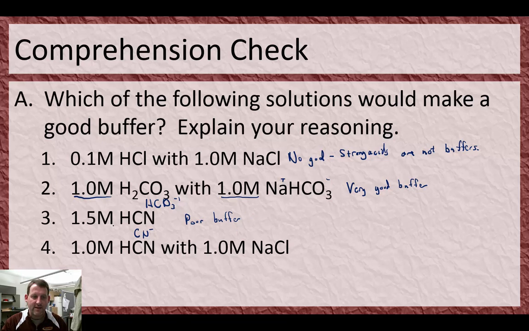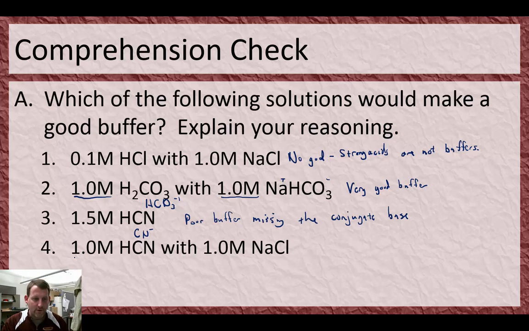So we do need the acid with its conjugate base to make a good buffer. This breaking apart would make very little CN minus on its own, so it wouldn't be able to counter any H plus addition. It'd be a very bad buffer for acids. And a buffer has to be good for both. It's got to resist both of them to be a good buffer.